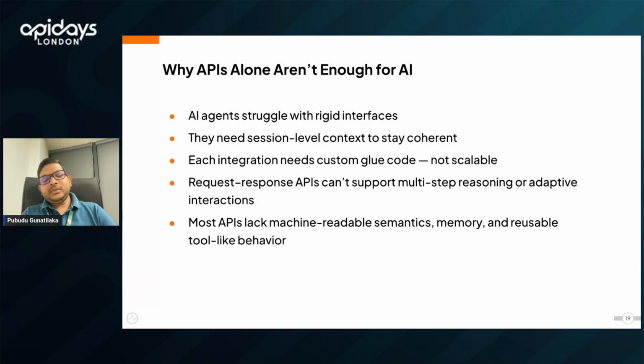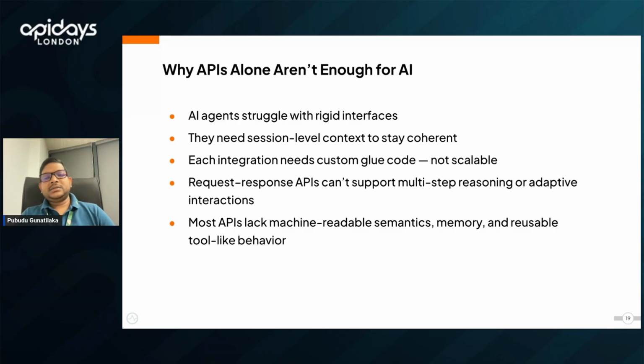Now, the thing here is that APIs alone aren't enough for AI. If you look at REST APIs, they have well-structured interfaces where you have defined the requests and responses. If AI is asking for something out of scope, something out of the menu, APIs really struggle to deliver that, because they are bound to requests and responses.